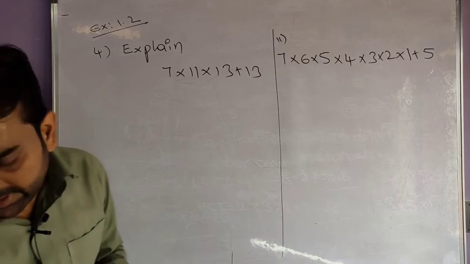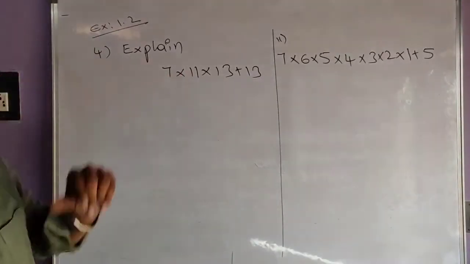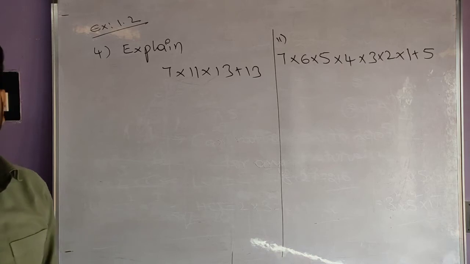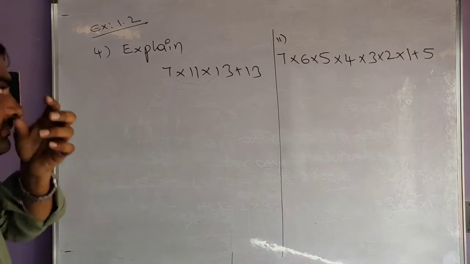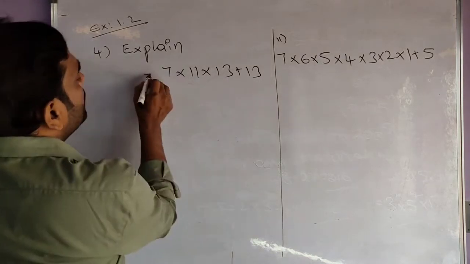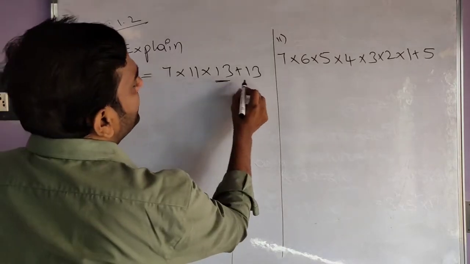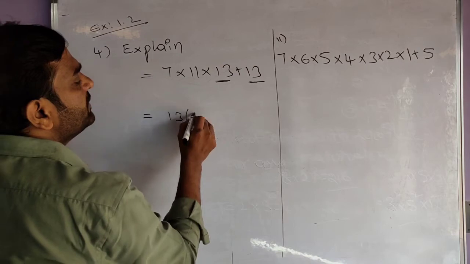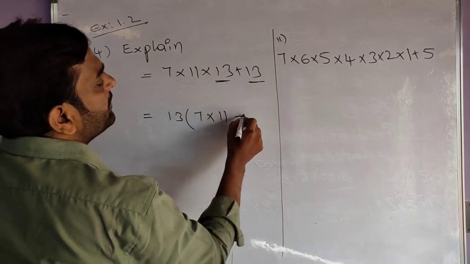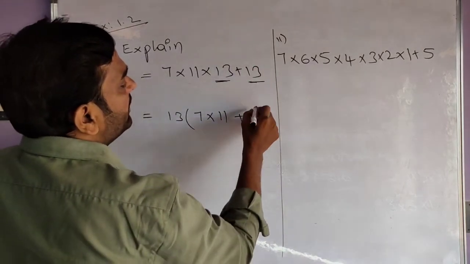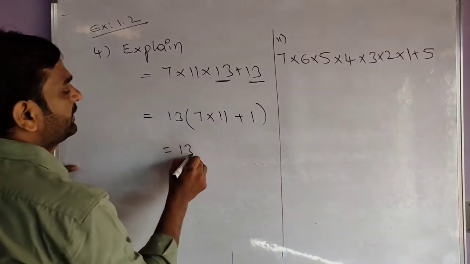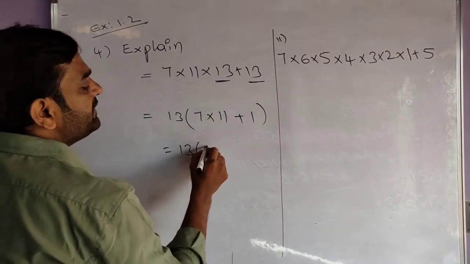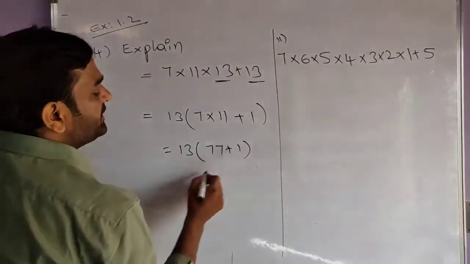These are composite numbers. Why are these composite numbers? Listen, in the first one, what is the common number? 13 is the common number. So it can be written as 13 into (7 into 11 plus 1). 7 elevens are 77, plus 1, that is 78.